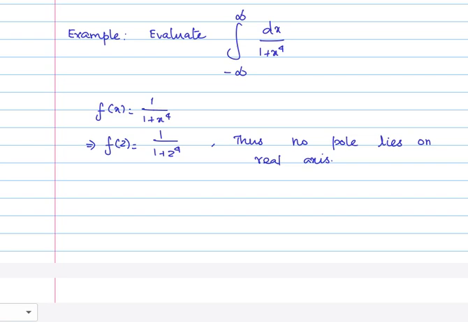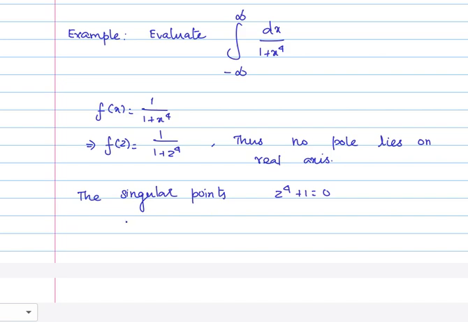Now I want to find the singular points. The singular points of f of z are given by z power 4 plus 1 equal to 0.